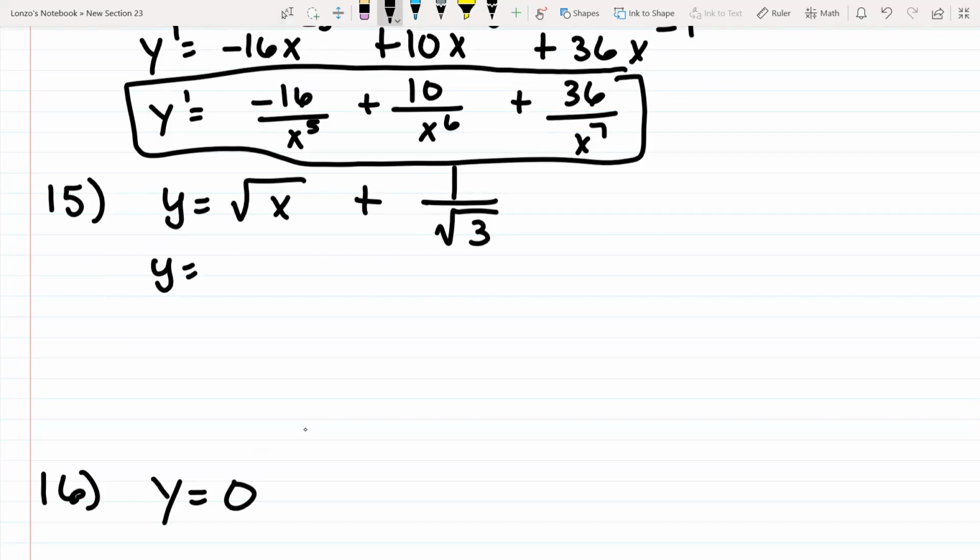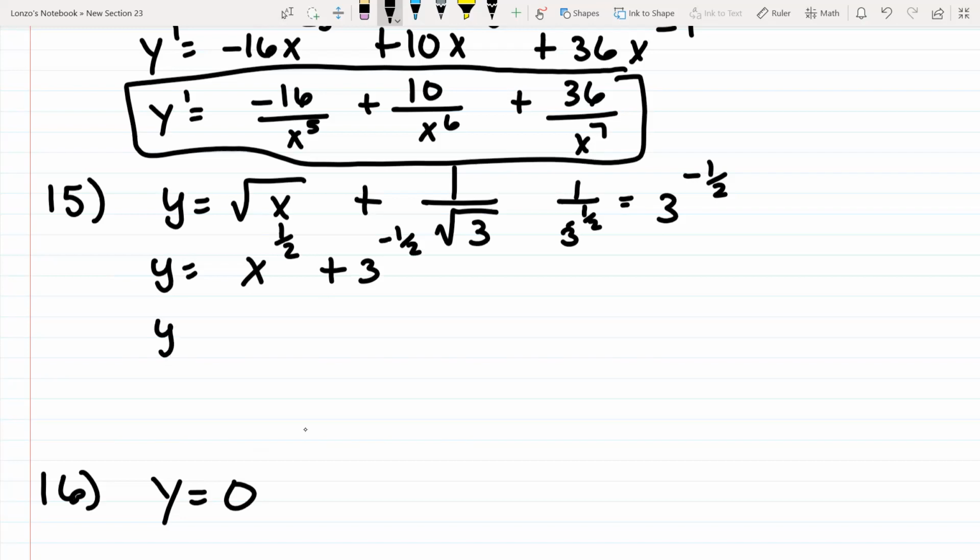So square root of x is the same thing as x to the 1/2. 1 over square root of 3 is the same thing as 3 to the -1/2. So y prime is going to be 1/2 x to the -1/2.